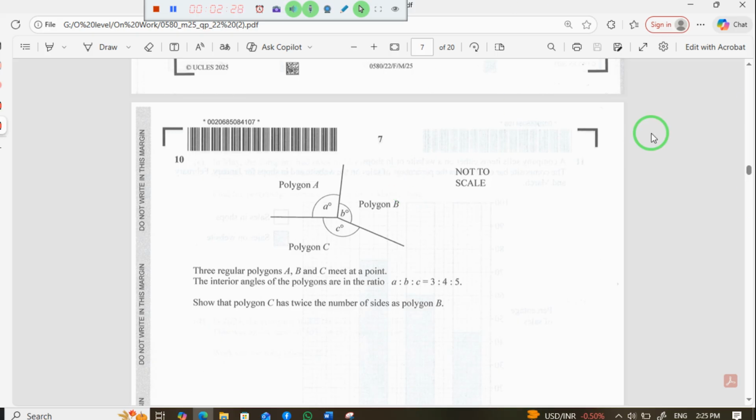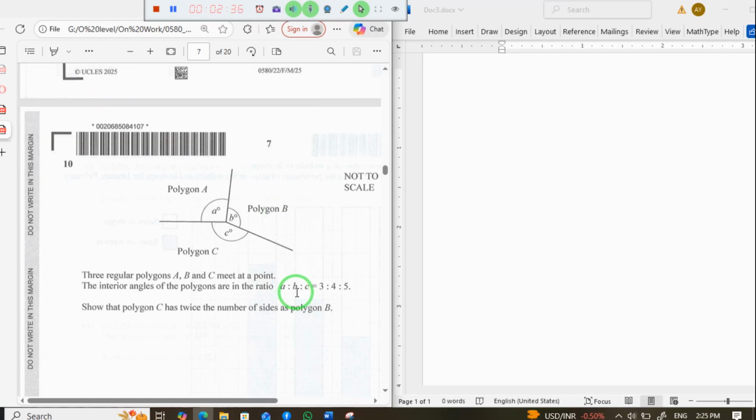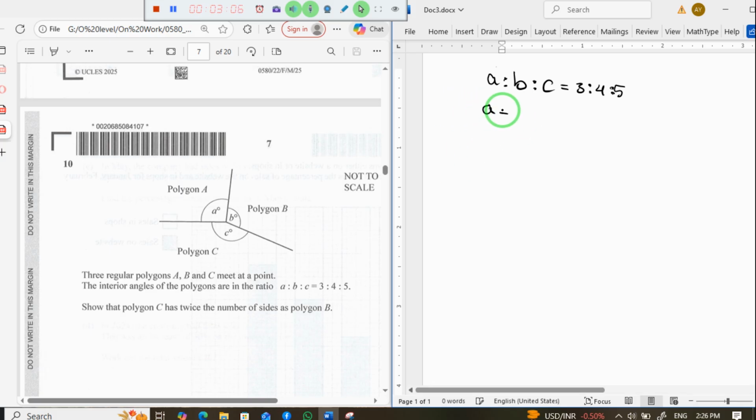We start with this ratio, A : B : C equal to 3 : 4 : 5. First, we add the ratio parts: 3 plus 4 plus 5 equals 12.